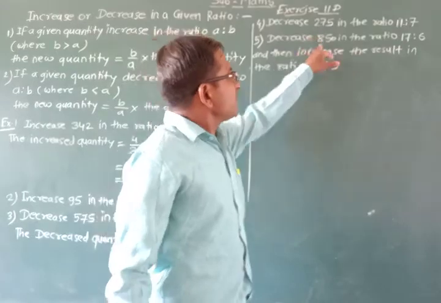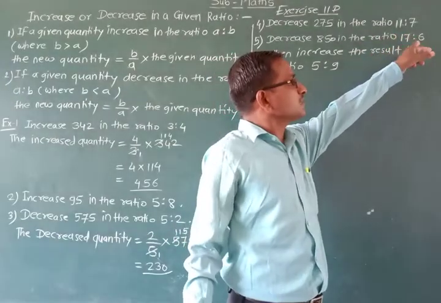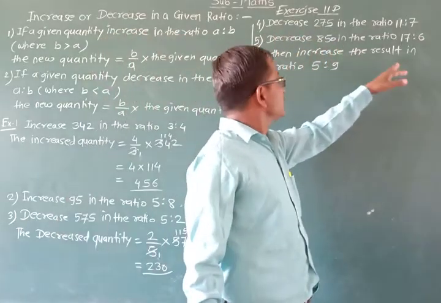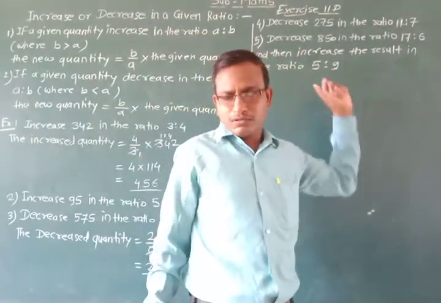First, decrease 850 in the ratio 17:6, and then increase the result in the ratio 5:9.